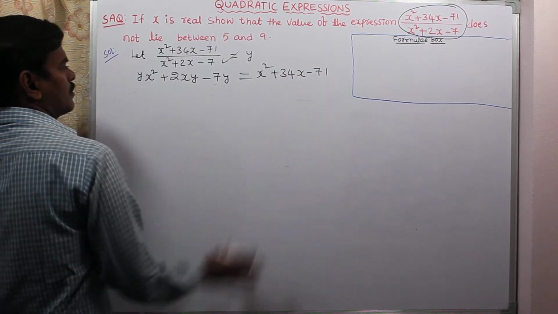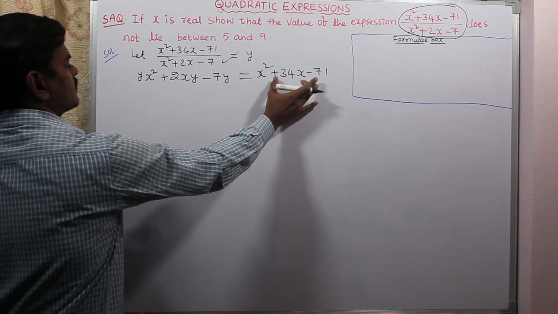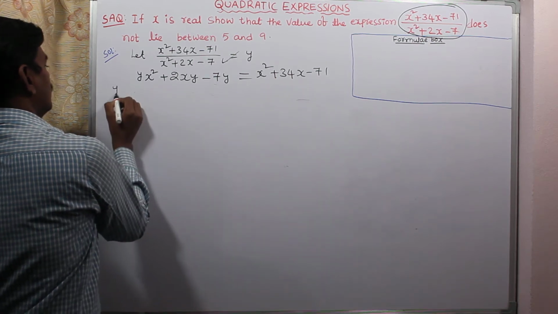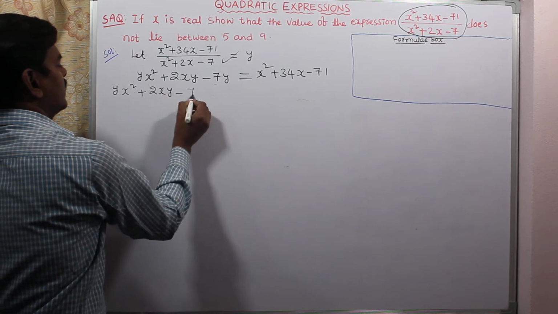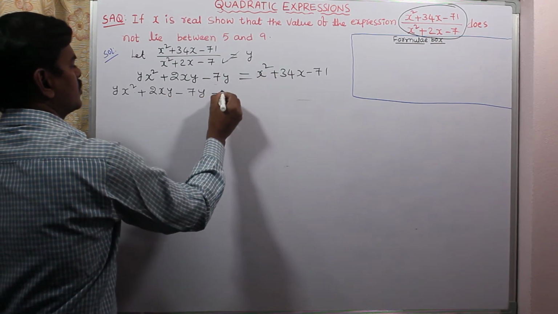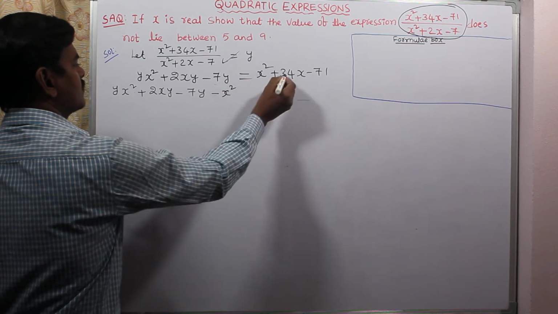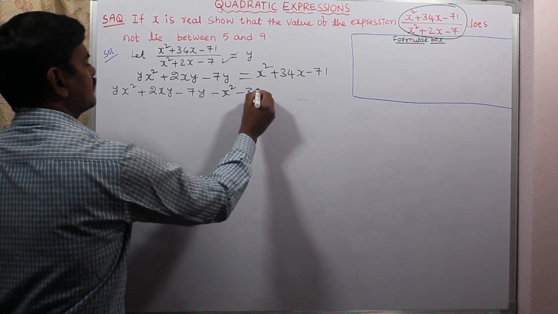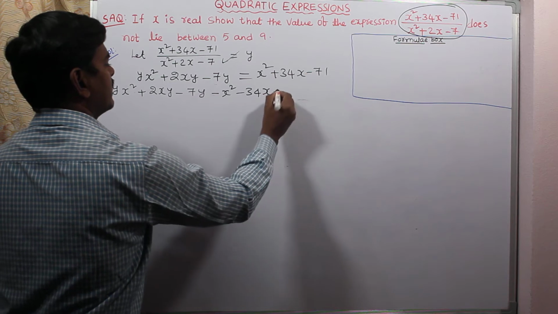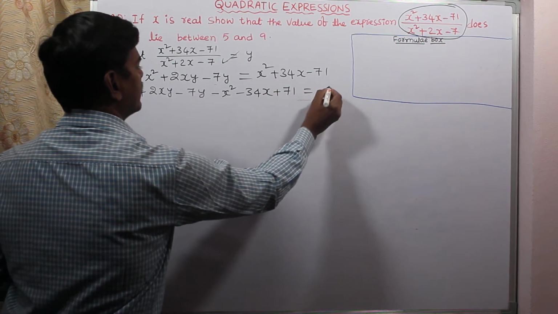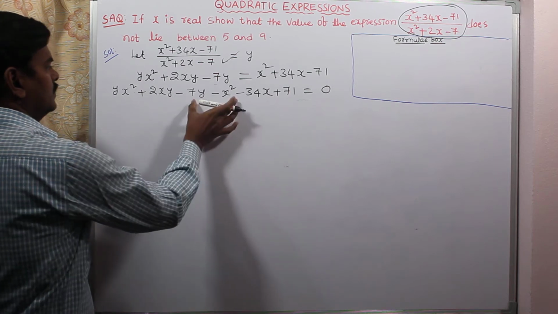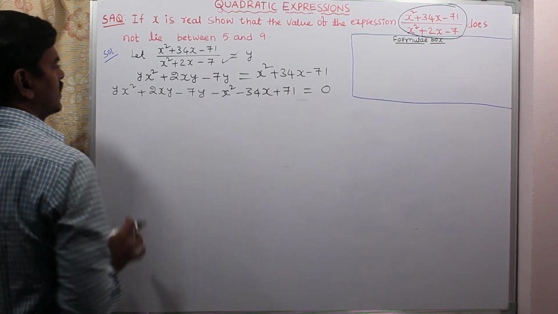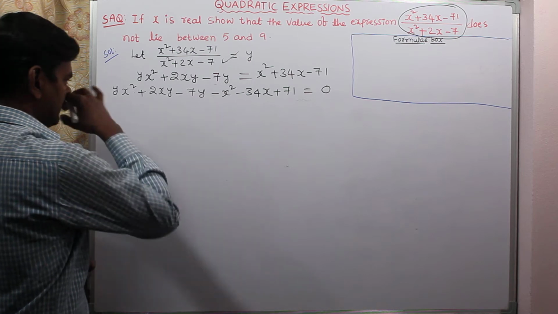Now transposing all these terms from RHS to LHS, let us write the LHS terms as they are, 2xy minus 7y. On transposition, plus x square becomes minus x square, plus 34x becomes minus 34x, minus 71 becomes plus 71, equals 0.